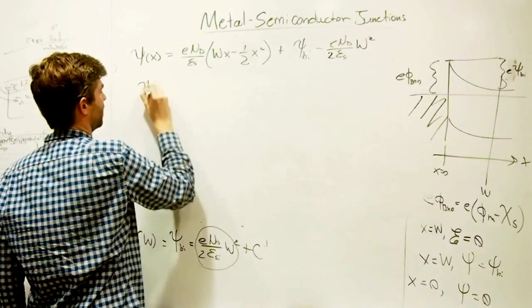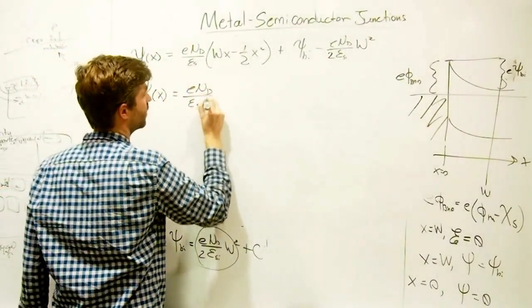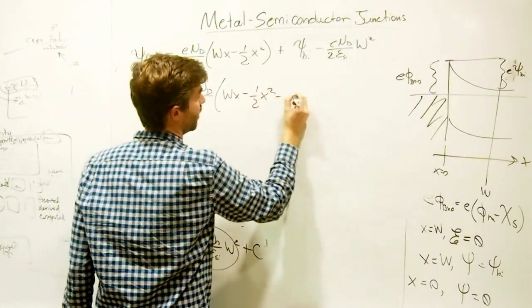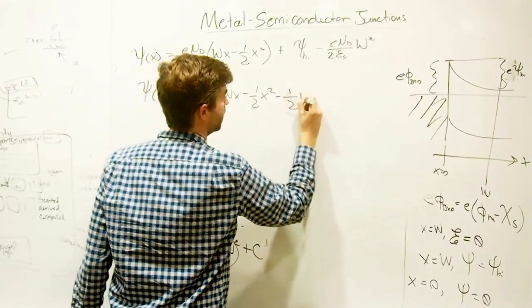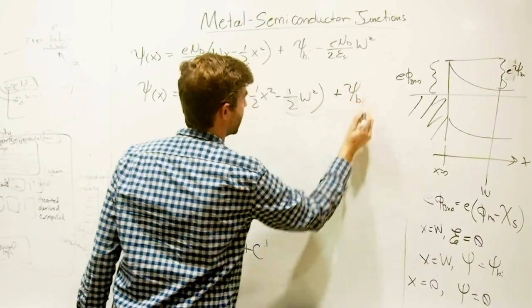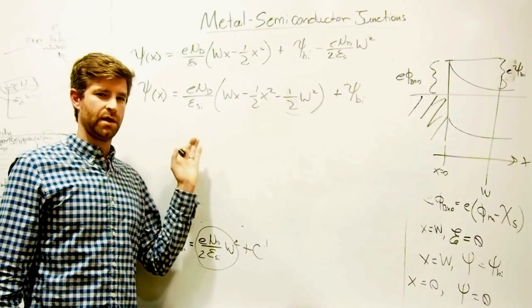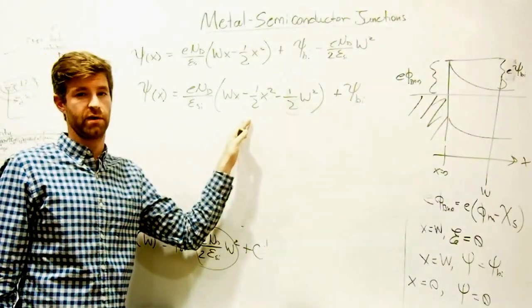So our psi of x is equal to e ND over epsilon silicon times (wx minus 1/2 x squared minus 1/2 w squared) plus psi bi. So our potential in the semiconductor is psi bi plus this function of x right here.